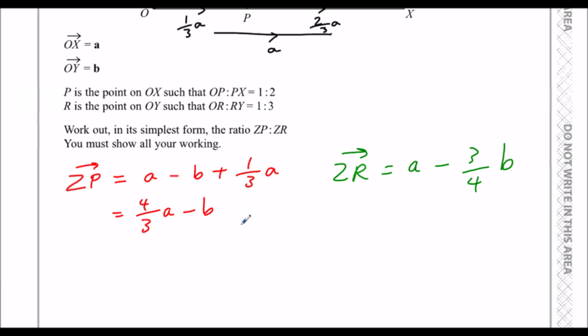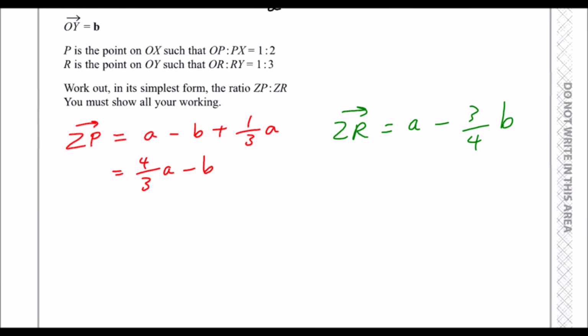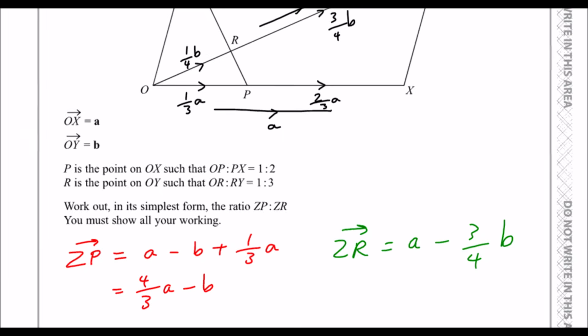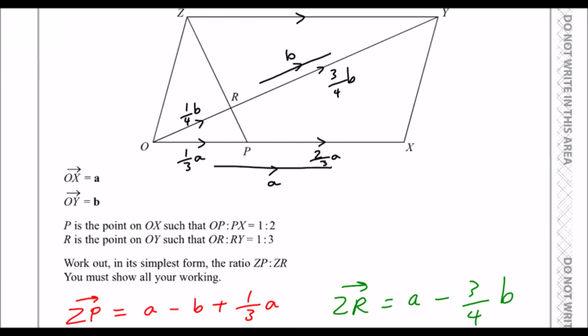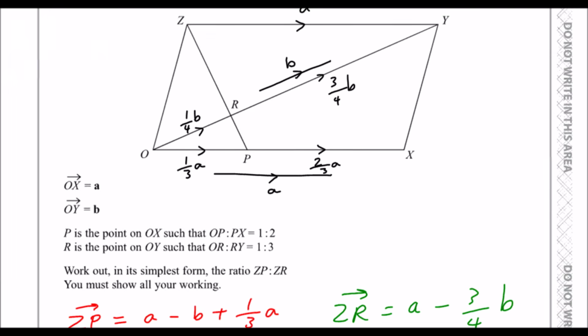So how do these two relate? How do they relate? Should we factorize out 4/3, or should we factorize out 3/4 from ZR? Let's do ZR.